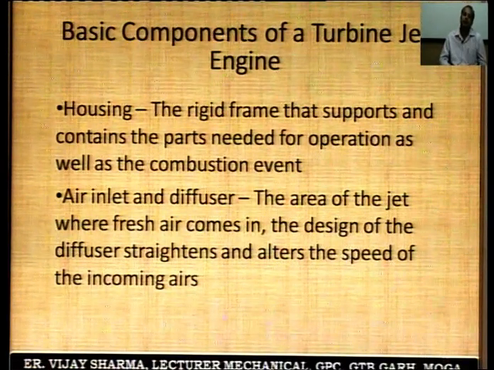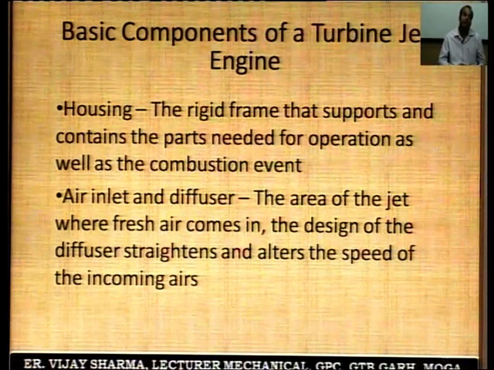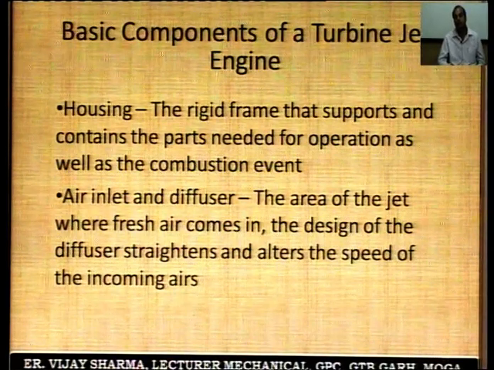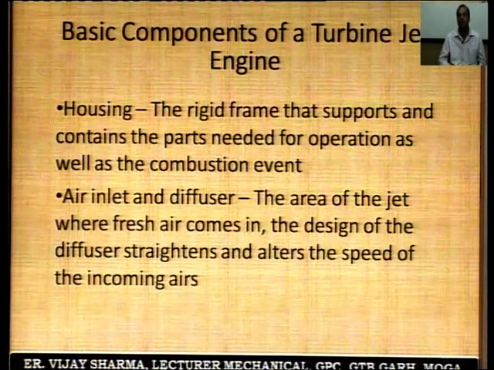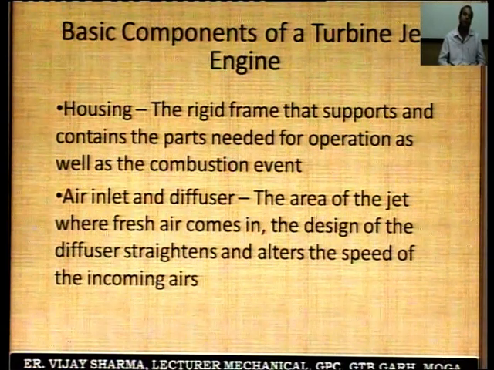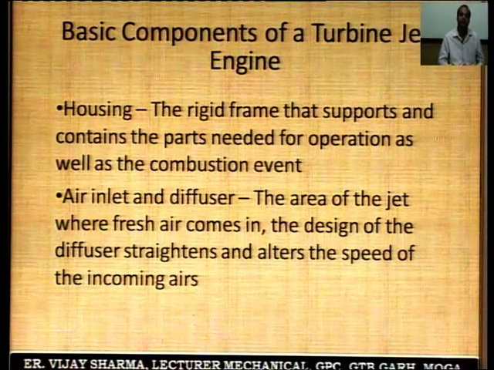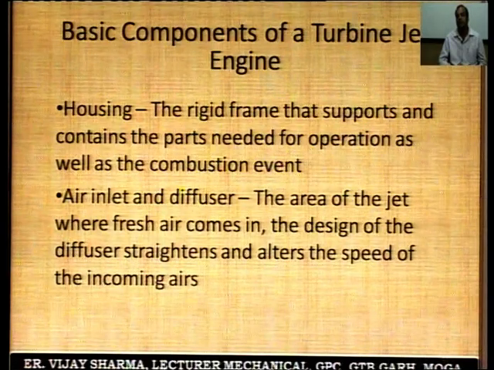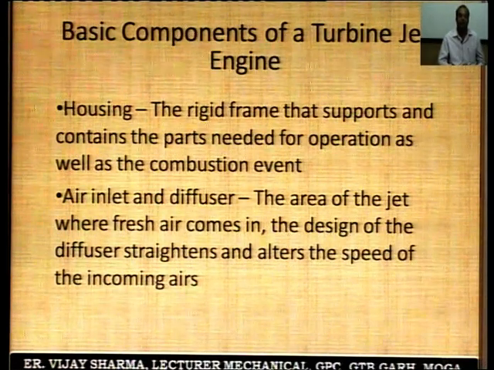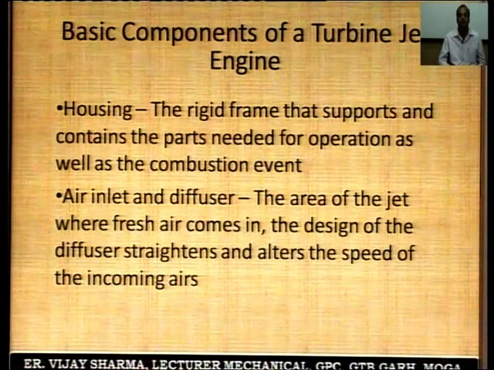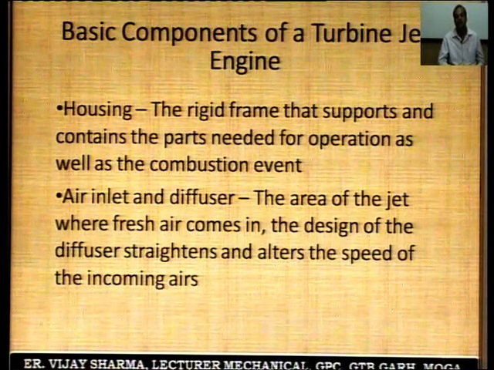Basic components of a turbojet engine. First is the main housing. What is housing? The rigid frame that supports and contains the parts needed for the operation as well as the combustion events. It means housing is a very important part because it holds all the parts which are used in the engine.